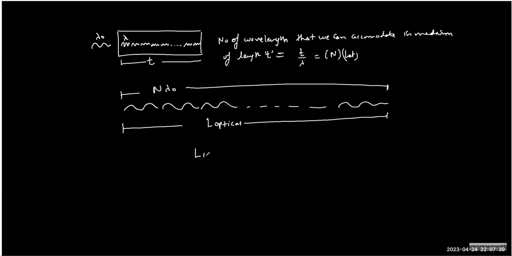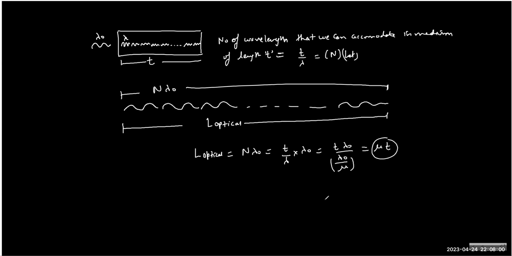So what is the optical length? n lambda naught. And what is n, by the way? t by lambda. And we know that lambda itself is lambda naught by mu.